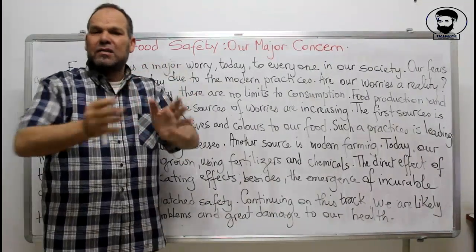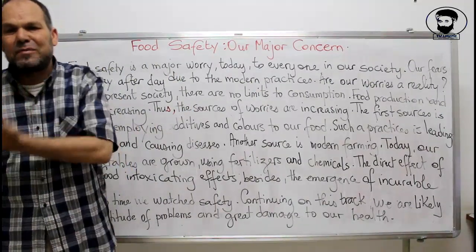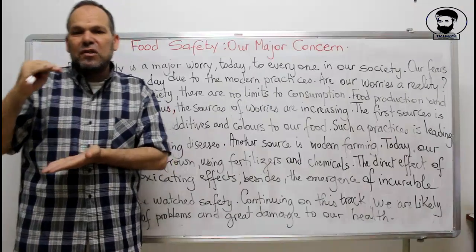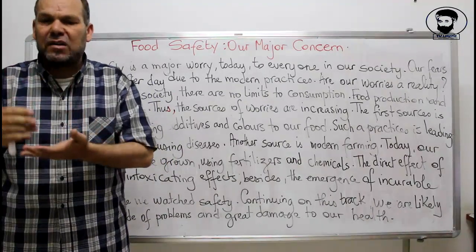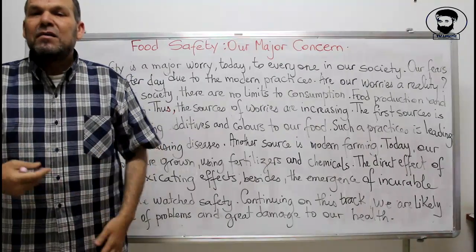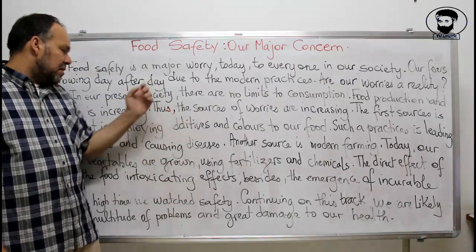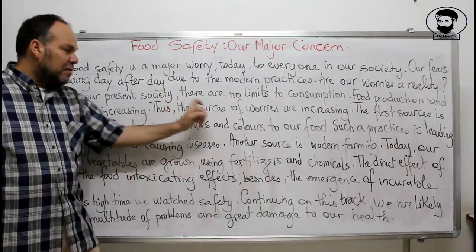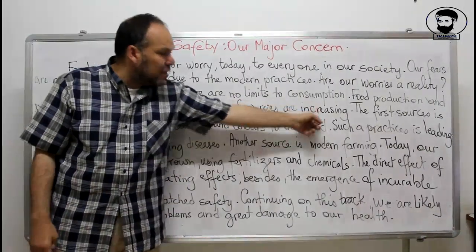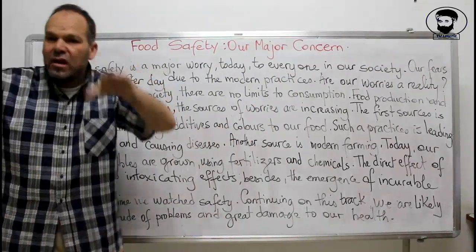The more products are sold in the market, the more we have fears about these products. So, for example, using shampoos, using products for your skin, for your health, using new products, you are not really sure if they are safe or not. So, thus, it means as a consequence, the sources of worries are increasing. It's a balance going from one way to the other way.